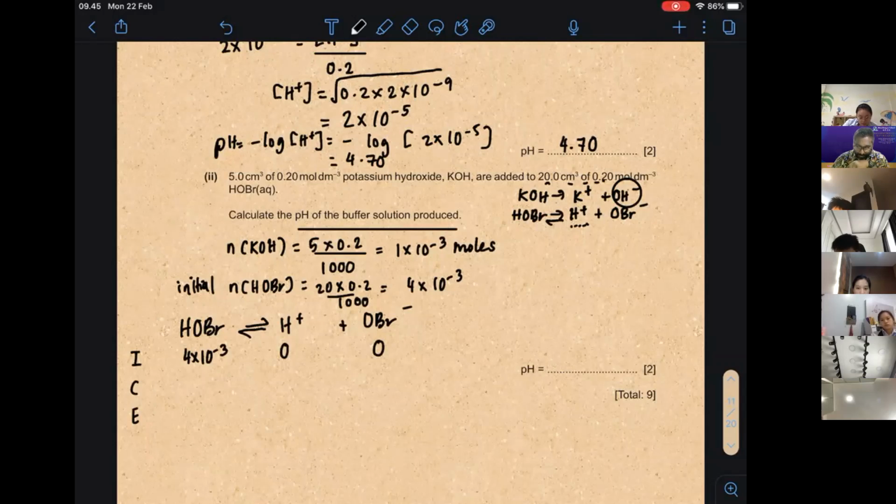Now at equilibrium, how much HOBr are you going to have?